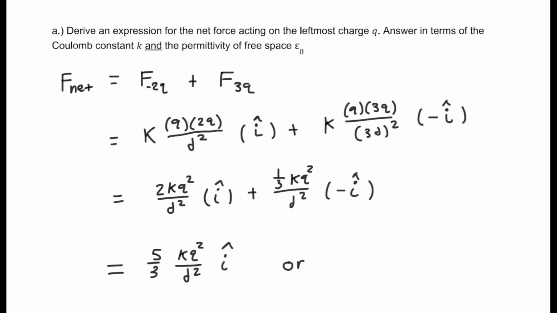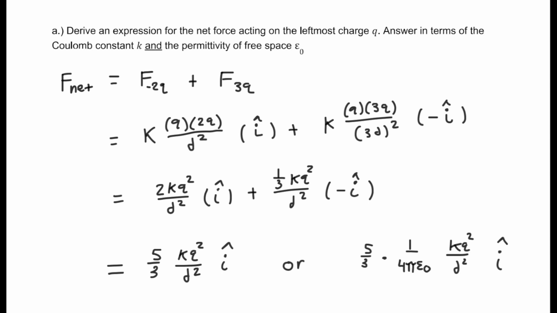Or I could just replace the k with 1 over 4 pi epsilon naught and get 5/3 times 1 over 4 pi epsilon naught times q squared over d squared I hat. And no, I'm not simplifying this second term because I don't feel like it.